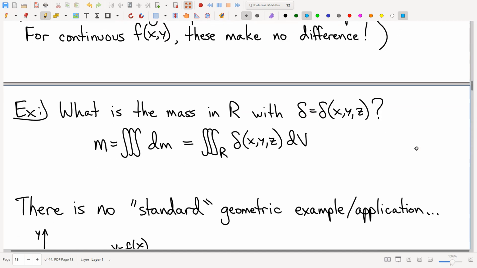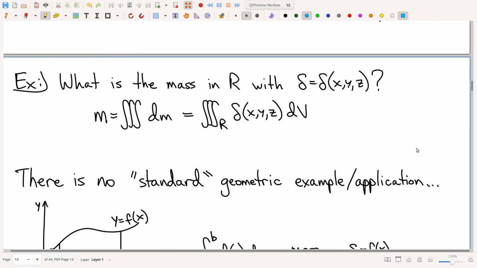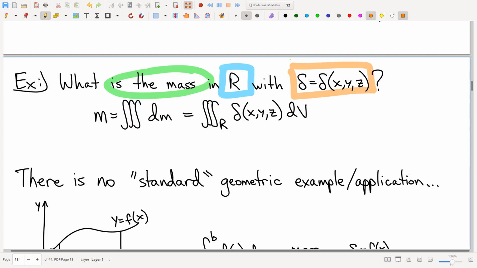Okay, let's see here. So moving along, suppose I have a rectangular region and I want to know the total amount of mass that's in that region, where the density, the mass per unit volume at any point in the domain, is given by some function of x, y, and z.